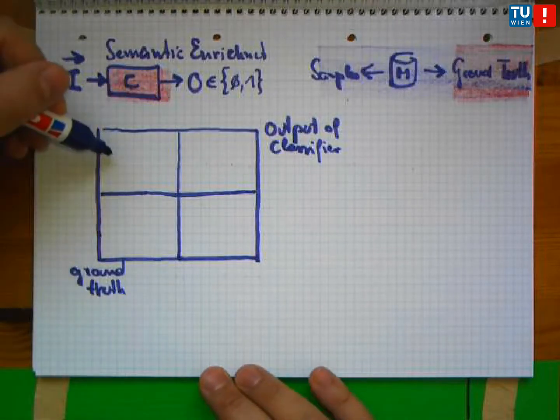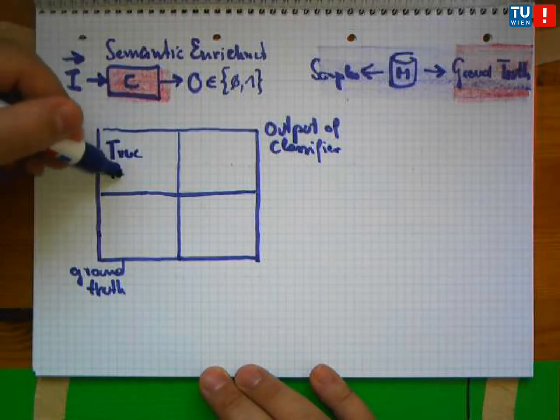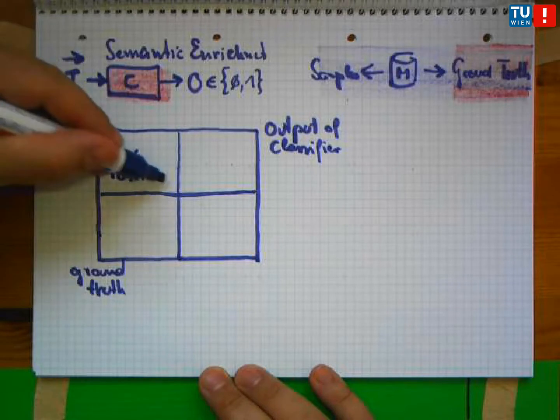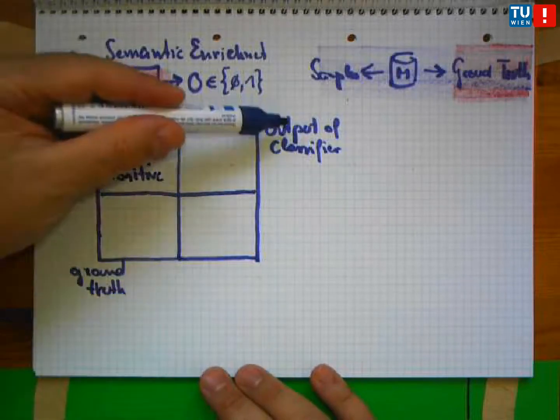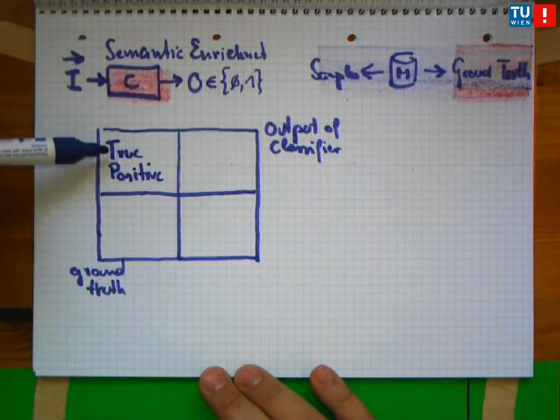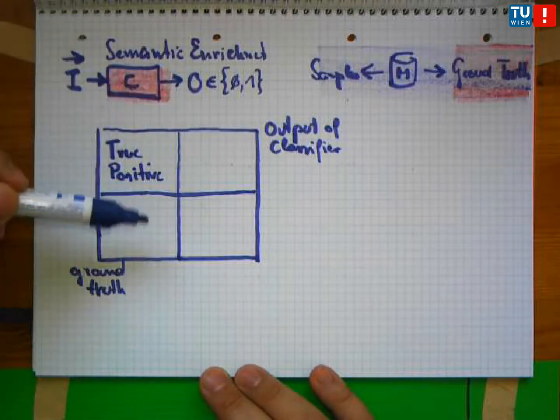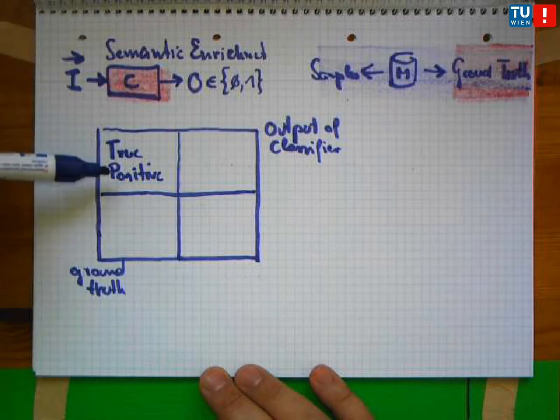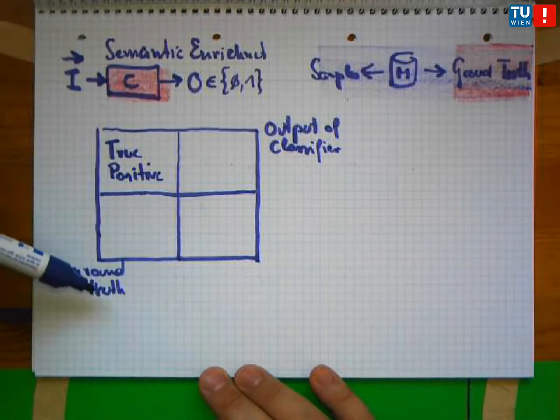In this case, we speak of a true positive. That means your classifier estimates that some input is relevant to some category, to some semantic meaning, it is positive, and it is true because the ground truth says the same.